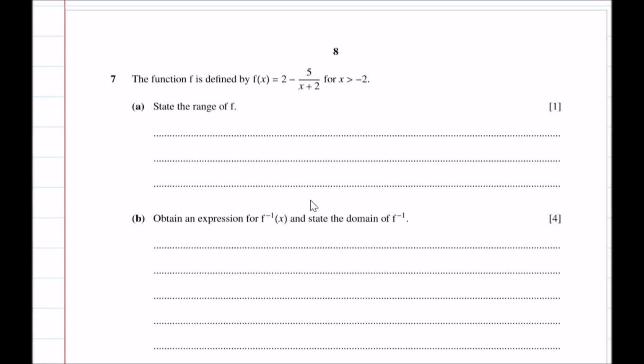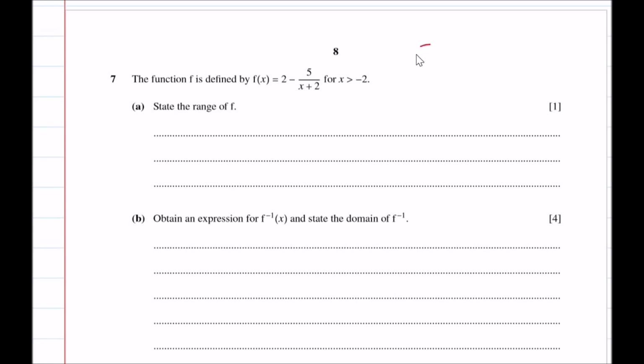So in this case, what is going to happen? See, 5 by x plus 2. What can be the minimum value? Minimum value can be 0, because if x is very large, then the value will be almost 0. In that case, what can be the maximum value of f(x)?